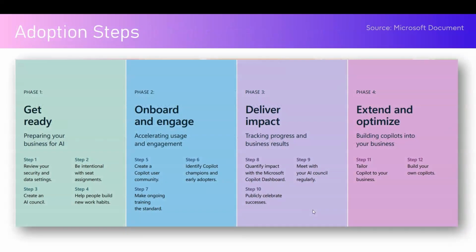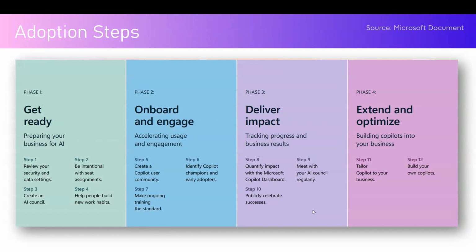Now, the adoption has four phases: get ready, onboard and engage, deliver impact, and extend and optimize. The first step is all about preparing your business for AI. If AI is very new to your organization, then you first need to understand what you have, how is your security posture, and how your data is configured within your organization.